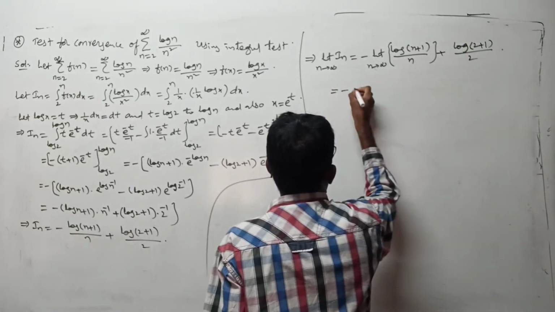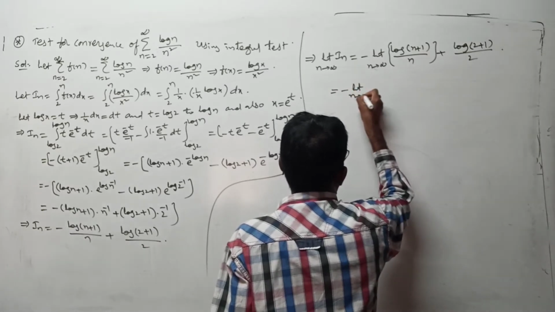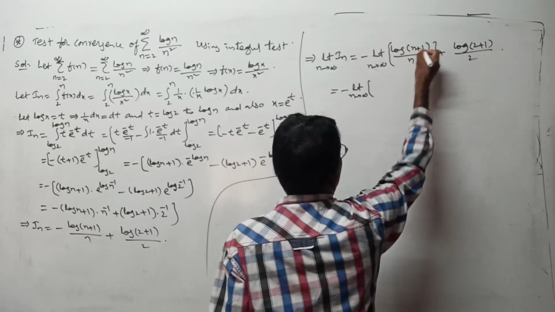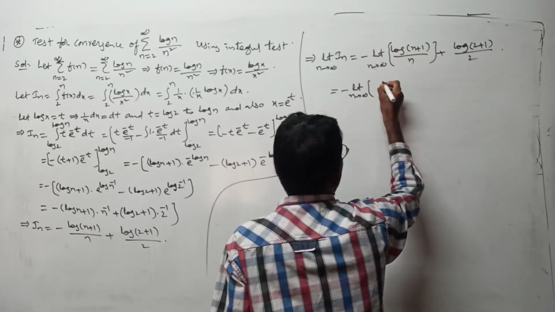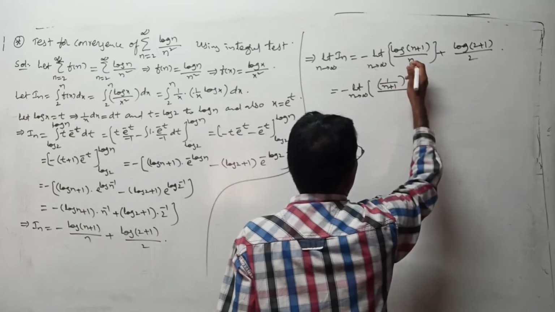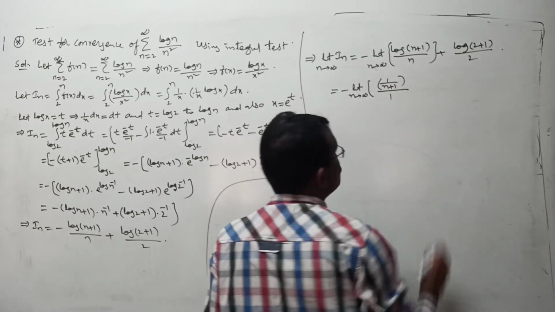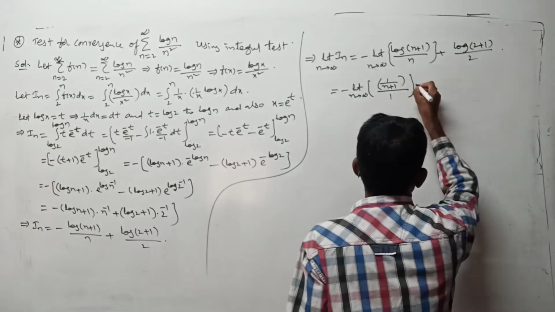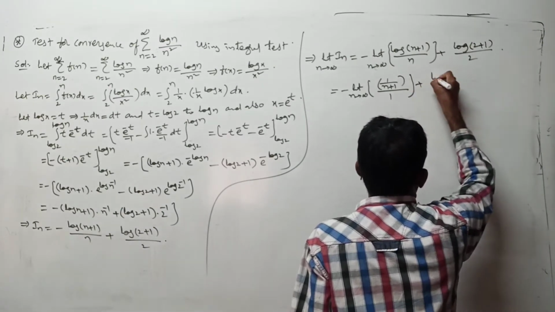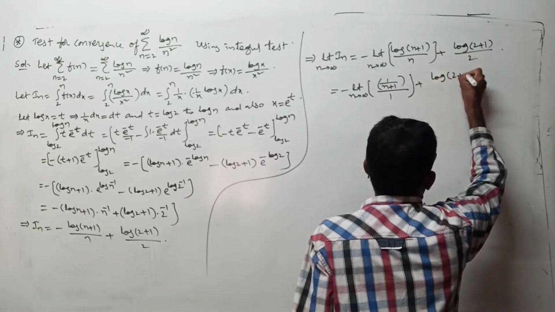This is minus limit as n tends to infinity. First numerator differentiation. Log of n plus 1 differentiation is what? 1 by n plus 1, because log x differentiation is 1 by x. Whole by n differentiation with respect to n is what? 1 plus log of 2 plus 1 by 2.